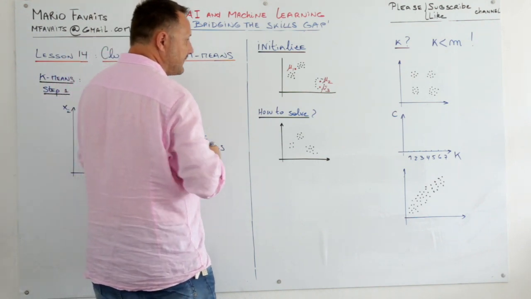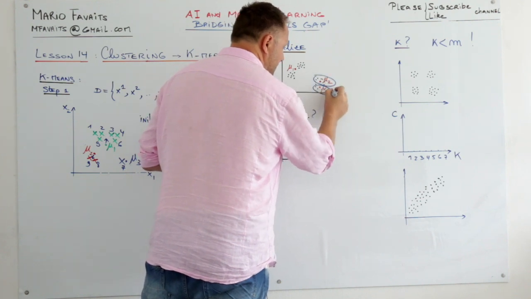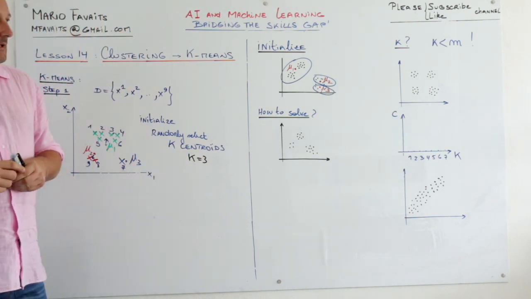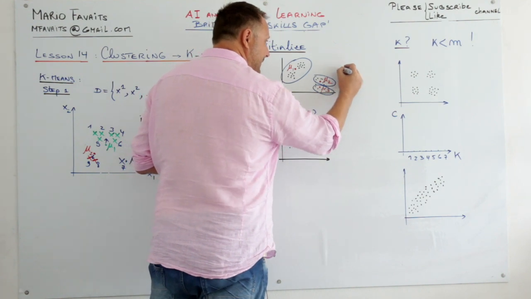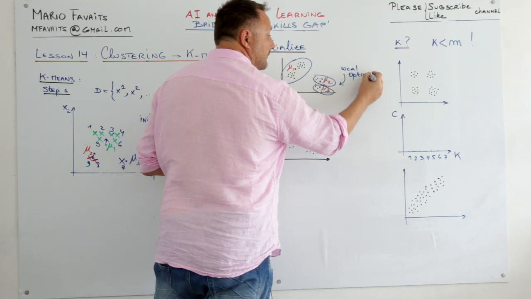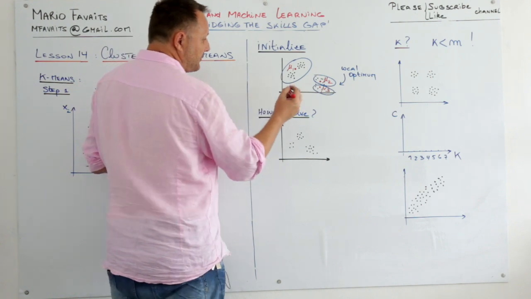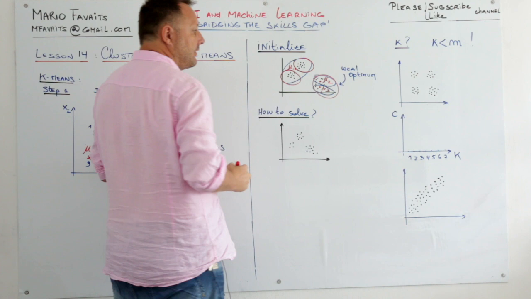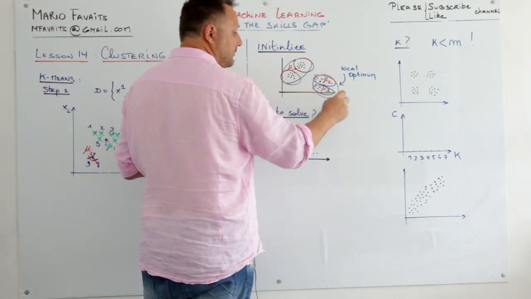Well, you're going to have probably clusters that go like this. So basically what you could have here is a local optimum, because obviously the better choice would have been cluster 1, cluster 2, cluster 3.